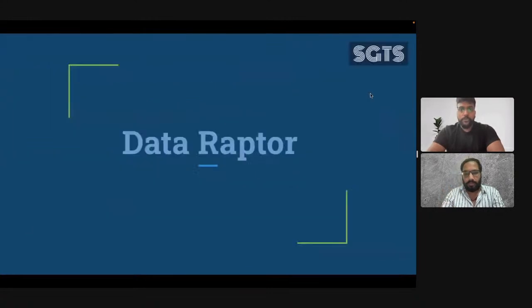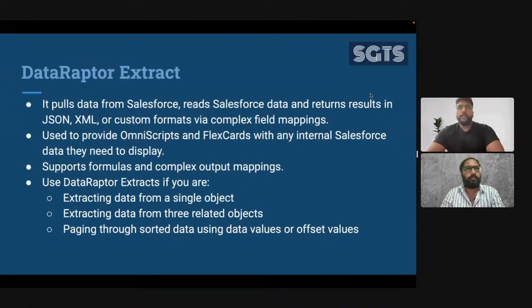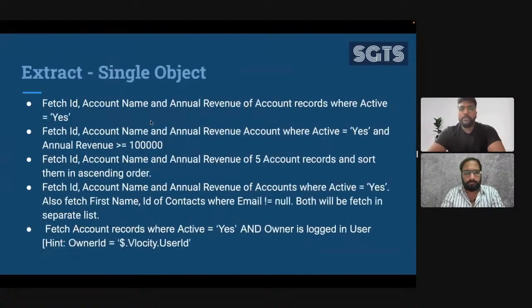Thank you. In Data Raptor, as we have already seen, we have 4 types: Data Raptor Turbo Extract, Data Raptor Extract, Data Raptor Transform, and Data Raptor Load. In our previous sessions, we have seen Data Raptor Turbo Extract and Data Raptor Extract, with several examples where we fetched data from a single object and multiple objects.